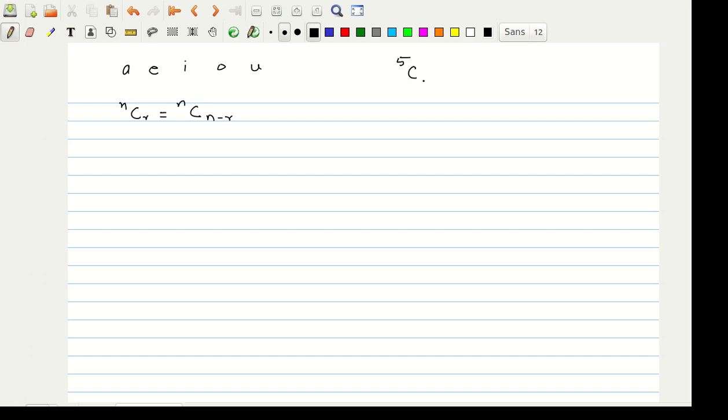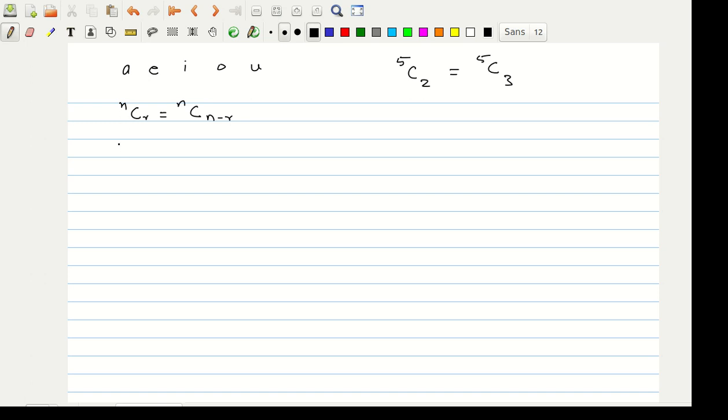So we write it as 5C2. Now remember, whenever you are selecting 2 values out of 5, you are leaving behind 3 values, right? So for every selection of 2 values, you are leaving behind 3 values. So it makes sense that 5C2 should also be equal to 5C3, but we can prove it mathematically also.